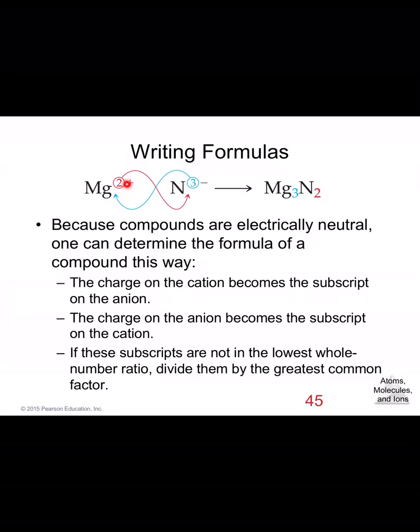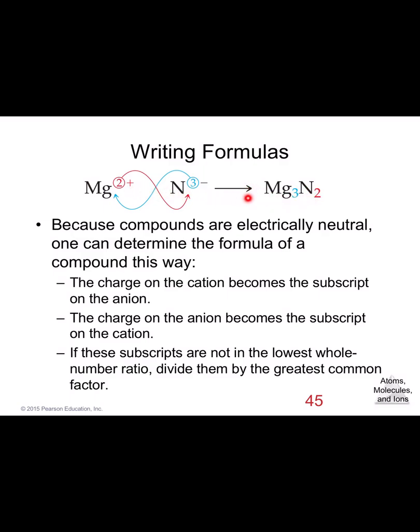Once you do that, you're going to crisscross the numerical value of the charge. You take this 2 and put it right next to nitrogen as a subscript. You take this 3 from nitrogen and put it as a subscript next to magnesium. Basically, you crisscross the numerical values of the charges. Then it becomes Mg3N2.